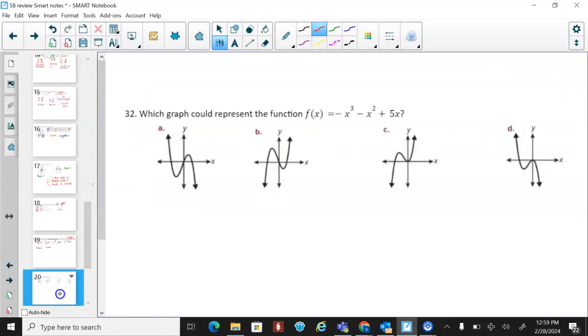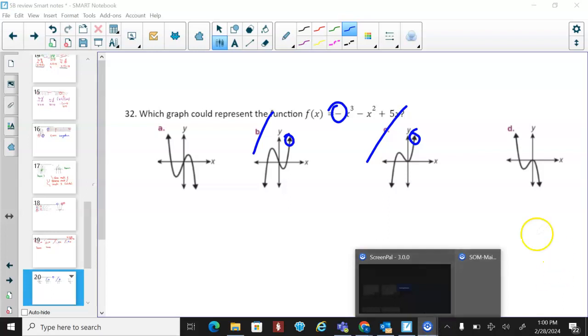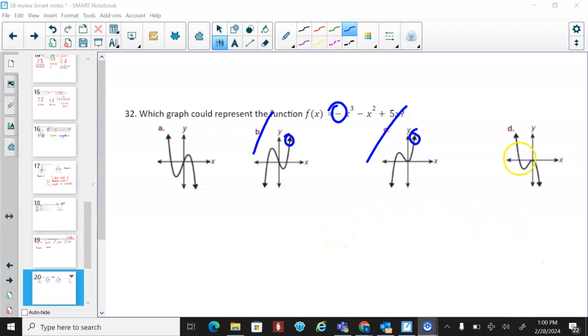For question 32, which graph could represent the function? Well, I have negative x cubed minus x squared plus 5x. First thing I want to see, I have a negative leading coefficient. So this is positive, that's a no. This is positive, that's a no. It could be either A or D. Now, for this cubic function with the negative leading coefficient, there is a slice here, which is 1, and there is a bounce here, which is 2.